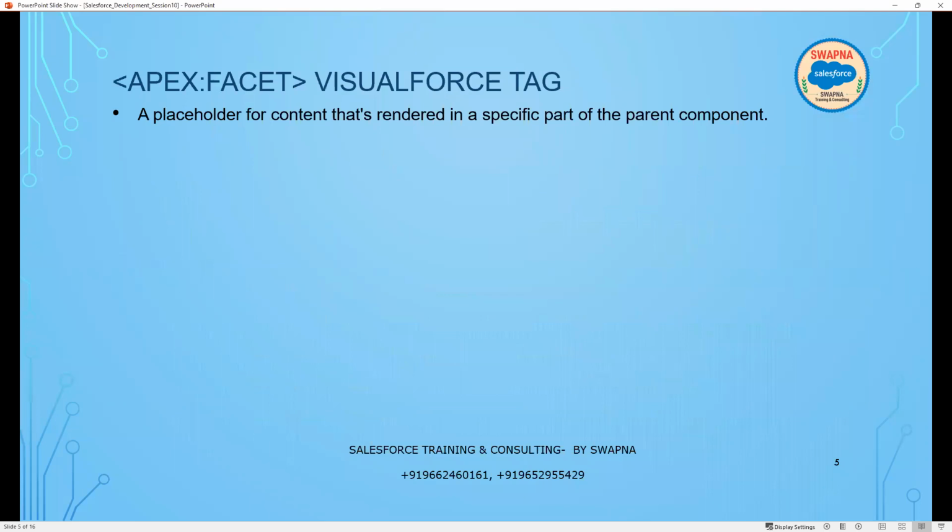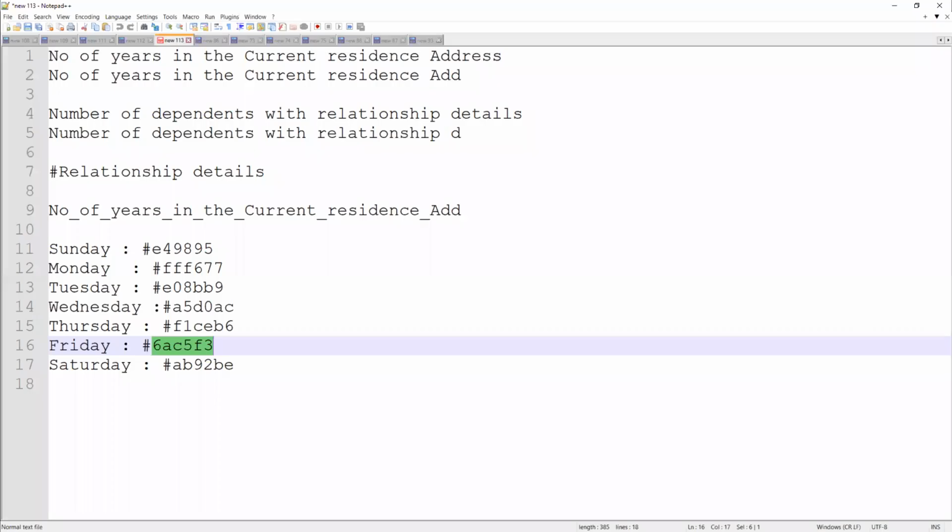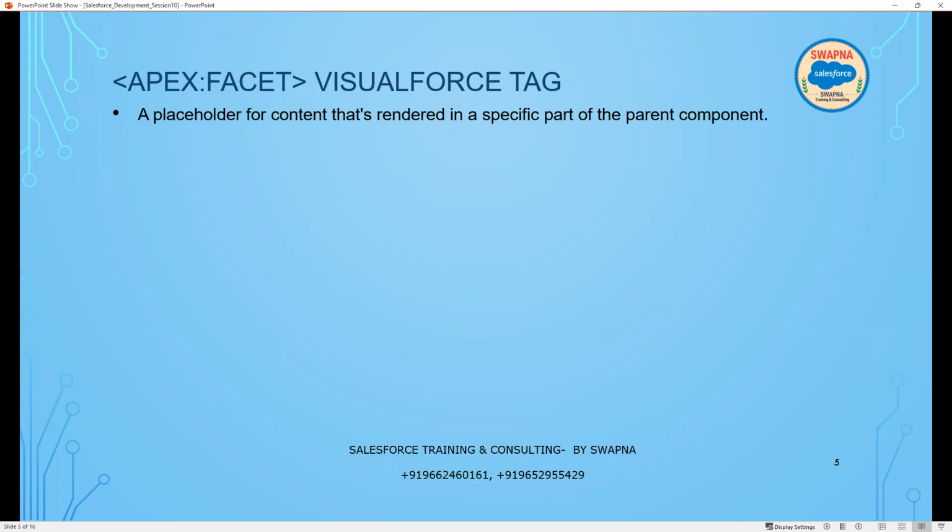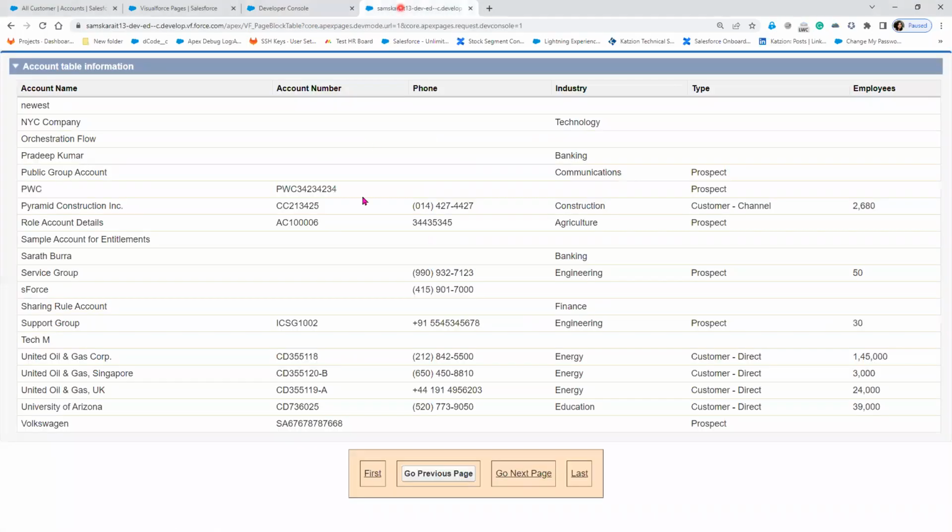Now, in simple words, facet equal to, now here we have a table, right? In this table, right now it is simply displaying the data. But what I need is I wanted to display check boxes here.